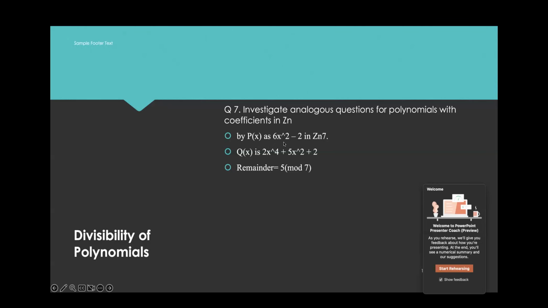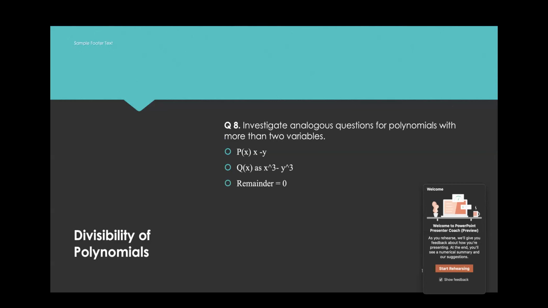So here, if we take q of x is equal to 2x raised to the power 4 plus 5x raised to the power 2 plus 2, and p of x is 6x raised to the power 2 minus 2, both in Z7, we will get a remainder 5. So yes, that again shows that p of x does not evenly divide q of x in terms of Z7.